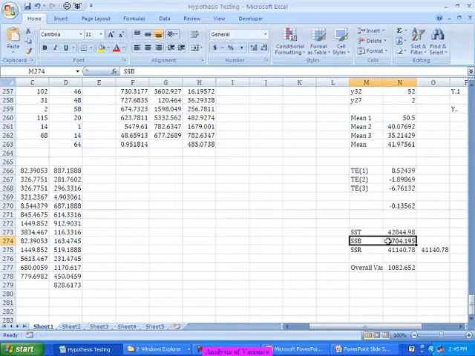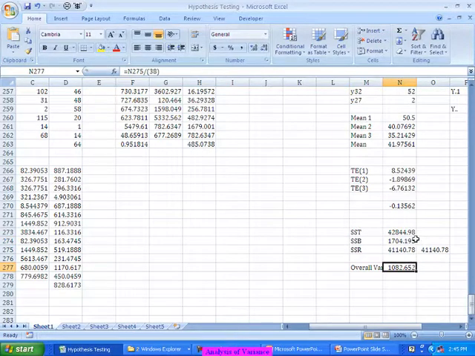The way we compute the sum of squares between the treatments is that specific treatment mean minus the overall mean whole squared, the sum of squares of the differences between the overall mean and the specific treatment mean multiplied by the size of each of the treatments.